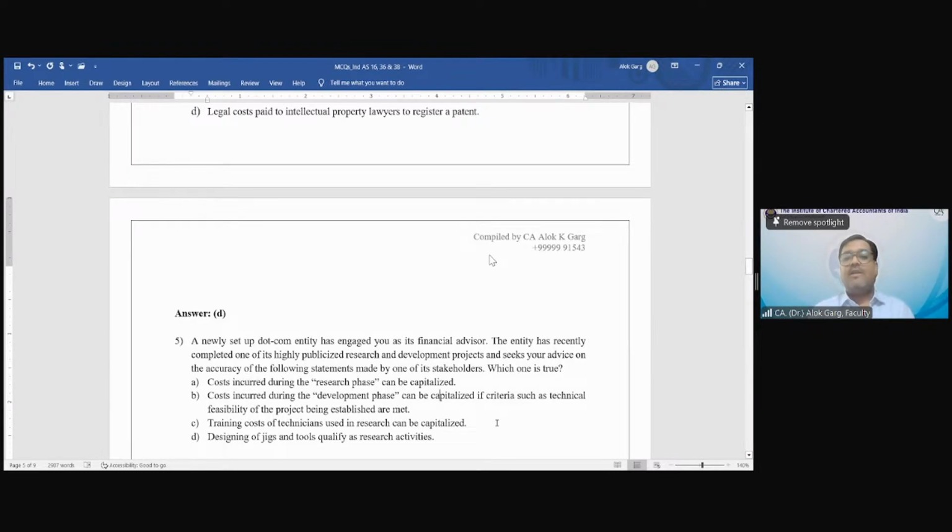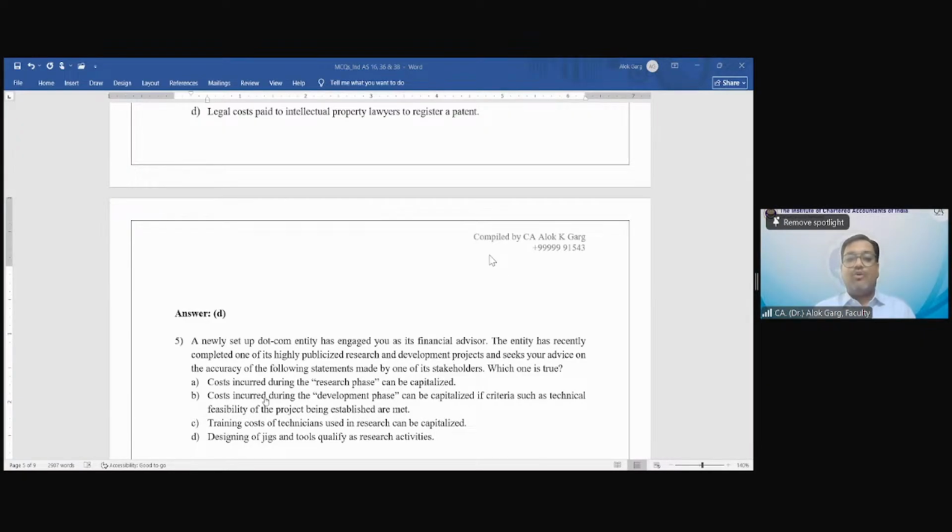Cost incurred during the development phase can be capitalized if criteria such as technical feasibility of the project being established are met. Training cost of technician used in research can be capitalized. Designing of jigs and tools qualify as a research activity. B. B for Bombay is the right answer.